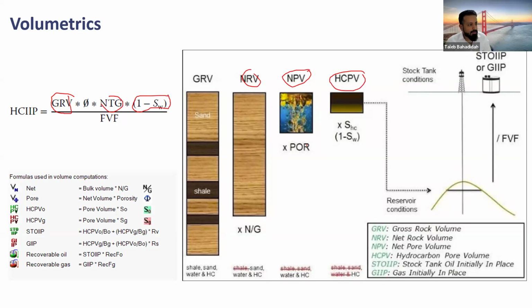So we need to divide that by Bo, the formation volume factor. So you divide it so that you will get your STOIIP, which is stock tank oil initially in place, under surface condition, which is the stock tank condition. So you divide it by the FVF provided by the reservoir engineer, and we are going to use this equation in the demo.